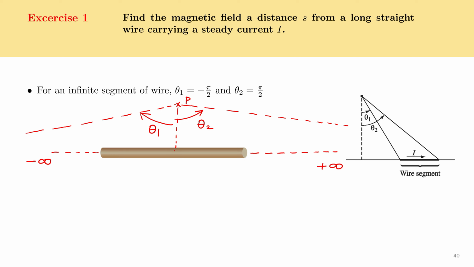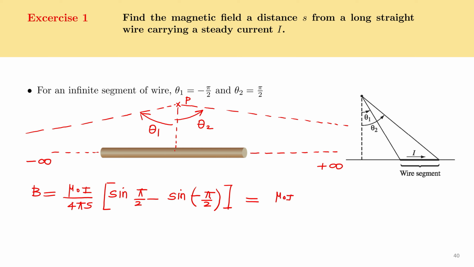That is, theta 1 tends to negative pi by 2 and theta 2 tends to plus pi by 2. In that case, the magnetic field is mu 0 I over 4 pi s, then sine of pi by 2 minus sine of negative pi by 2, which is equal to mu 0 I divided by 4 pi s, then 1 minus minus 1, and that is equal to mu 0 I over 2 pi s.